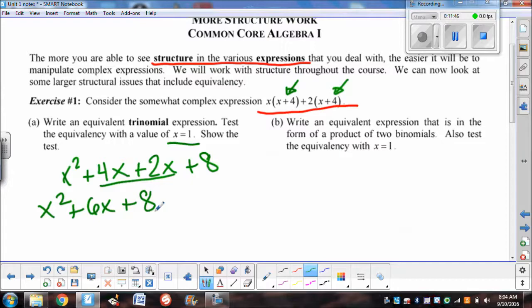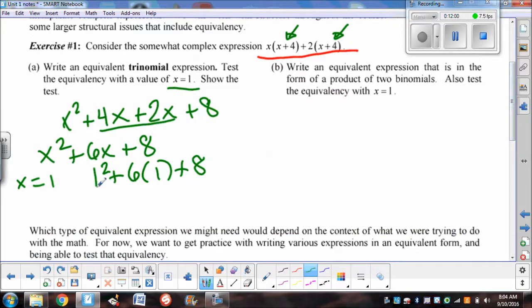And they're asking us to test x equals 1. So 1 squared, I'm substituting that into my trinomial. I shouldn't say plug in, that's something we do with the outlet. And we end up with 1 plus 6 plus 8, which is 15. So we're testing our equivalency.